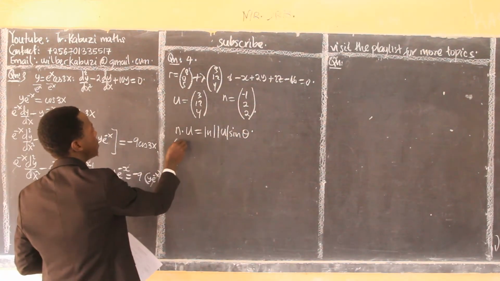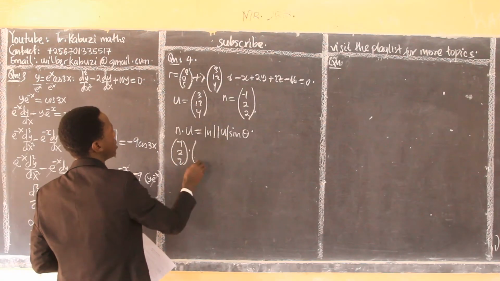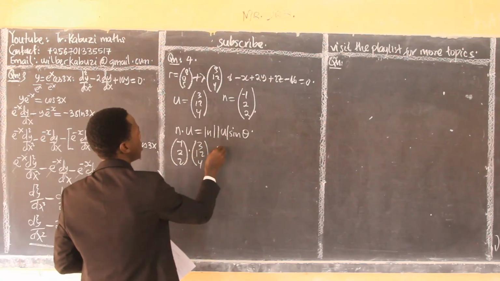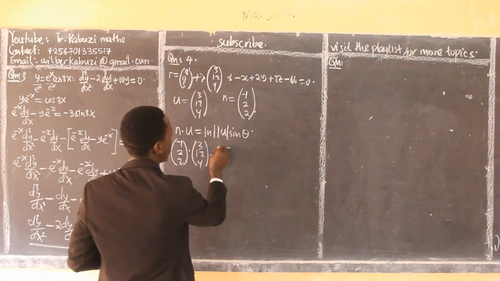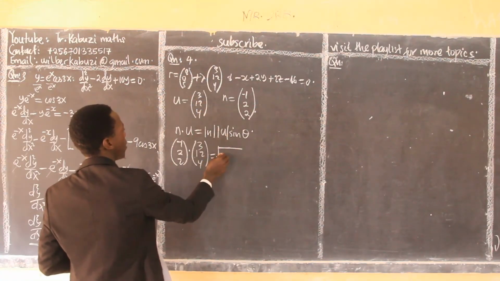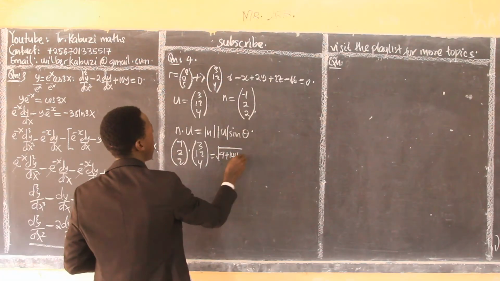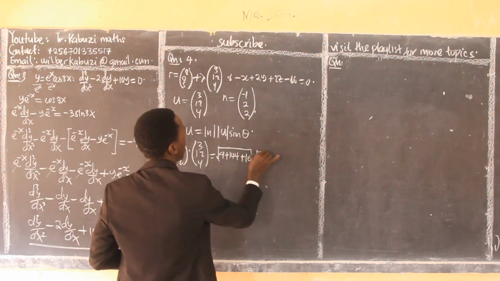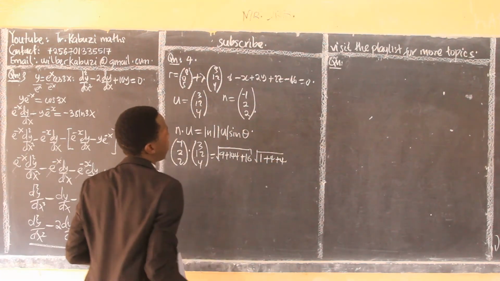So negative 1, 2, 2 dot with 3, 12, 4 equals magnitude of, when I square 3 I get 9, plus when I square this I get 144, when I square this I get 16. Then when I square 1 I get 1 plus 4 plus 4.